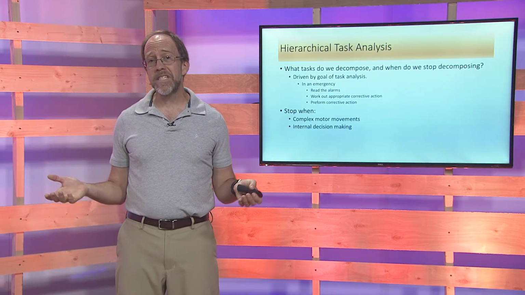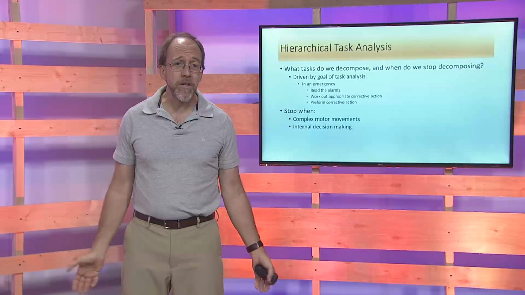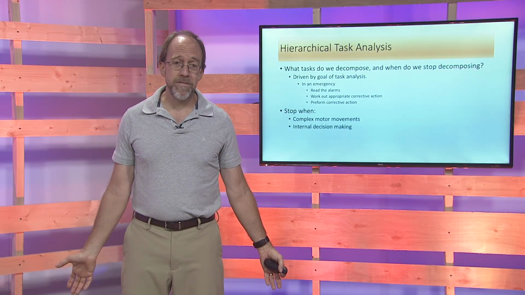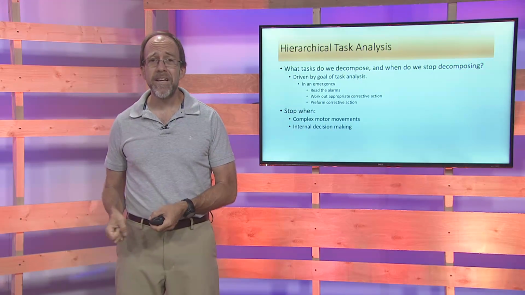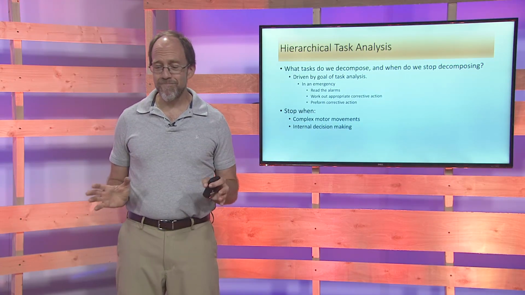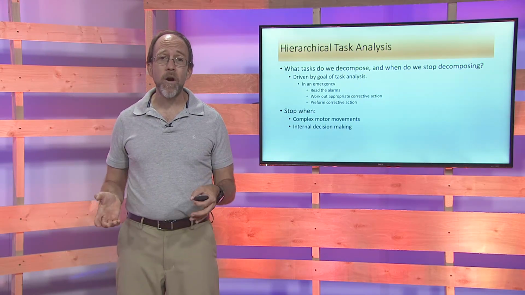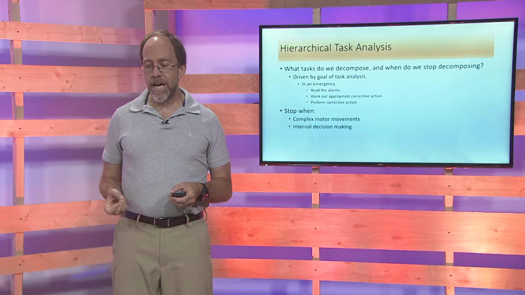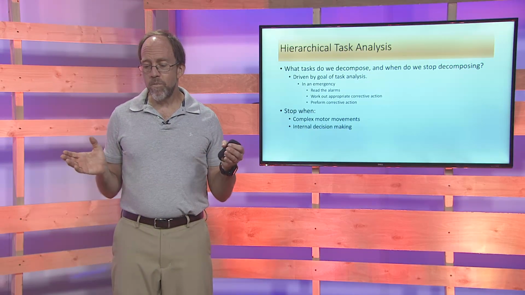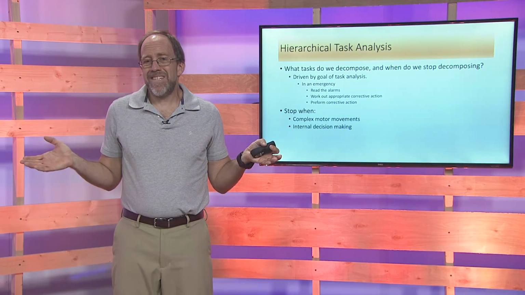And it may be that in this case, use the vacuum cleaner is close enough, because the whole removing it from the closet to plugging it in, most people should know that. But again, remember, you're designing user computer interfaces, and those steps may be a little bit more complex. So you can analyze these individual tasks, and really, it's not that hard.